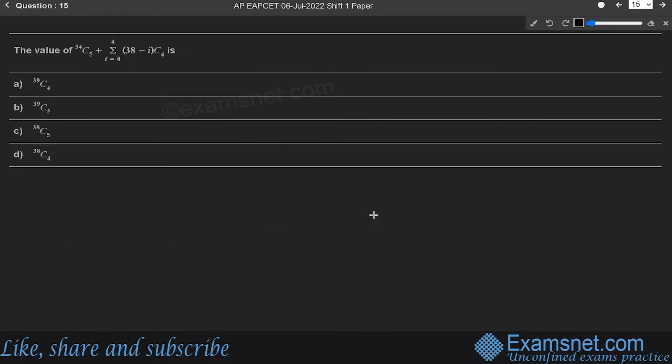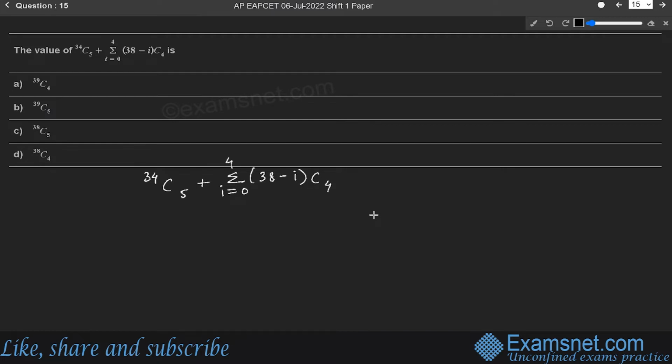Next question is the value of 34C5 plus summation of I equal to 0 to 4 of (38 minus I)C4 is. It is a question that comes from binomial expansion.